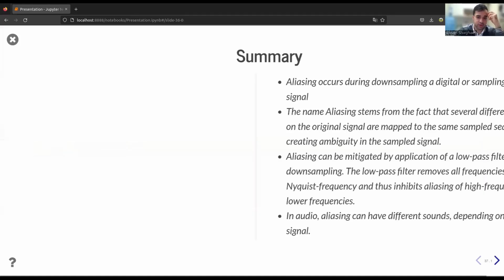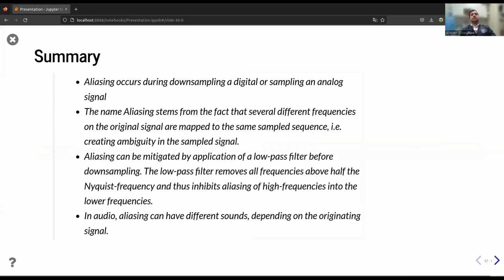So one more time, we will end this lab with our summary. Basically, aliasing occurs when we are downsampling a signal or sampling a signal with a higher frequency than our sampling frequency. And aliasing, as the name itself means, is an ambiguous sample which was mapped to another frequency which it does not belong to, due to our low number of samples per unit of time.